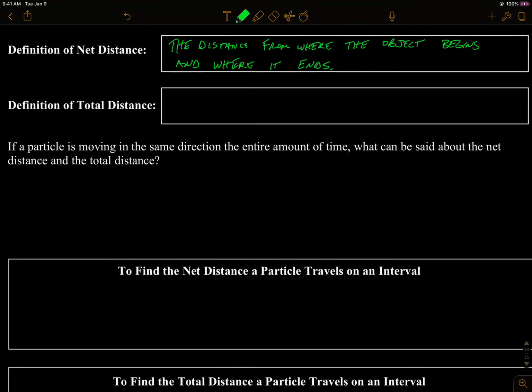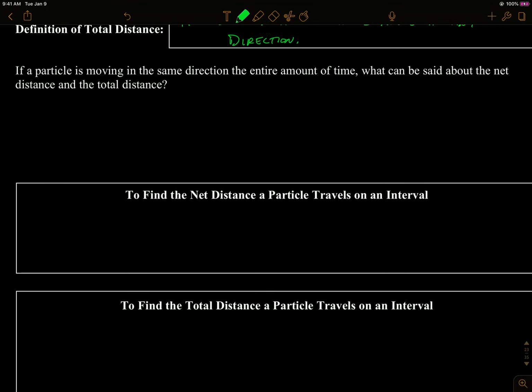Total distance would be the sum of all the distances moved in any direction. If a particle is moving in the same direction the entire amount of time, what can be said about the net distance and the total distance? They would be equal.